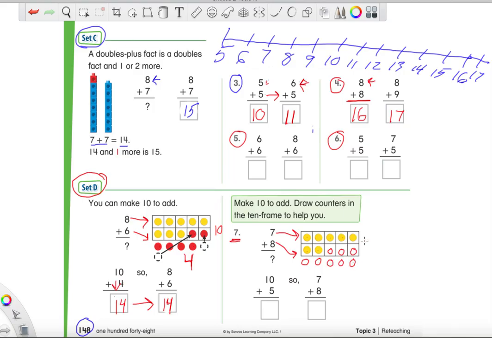So now this makes 10 plus 5 more. So now you can use this picture to help you. So go ahead and solve 10 plus 5. And then just remember, whatever answer you get, it must be the same for 7 plus 8. So go ahead and do that one completely on your own.